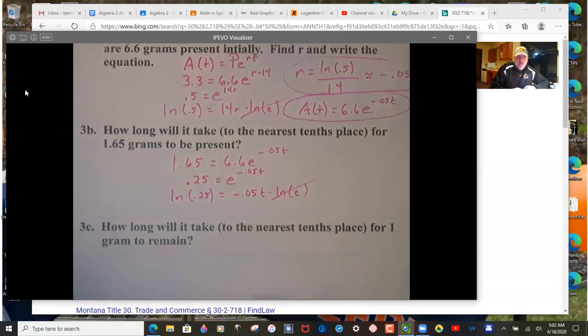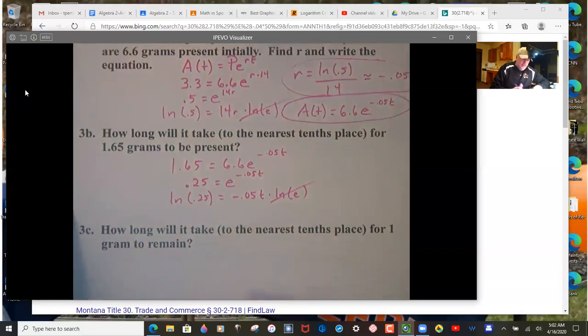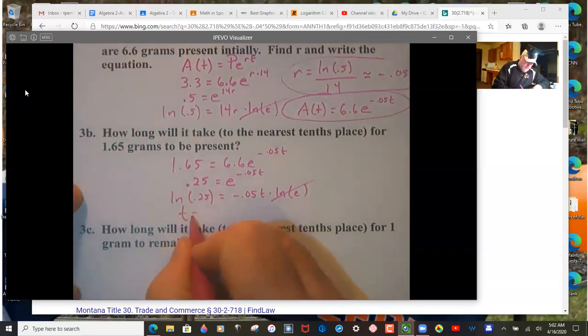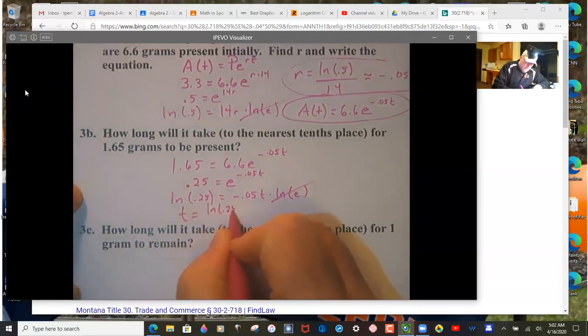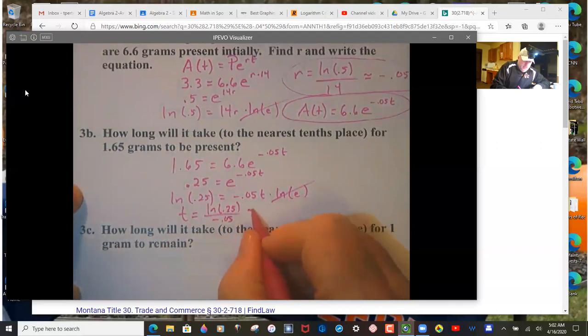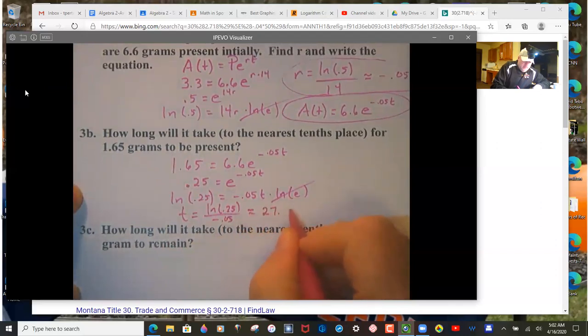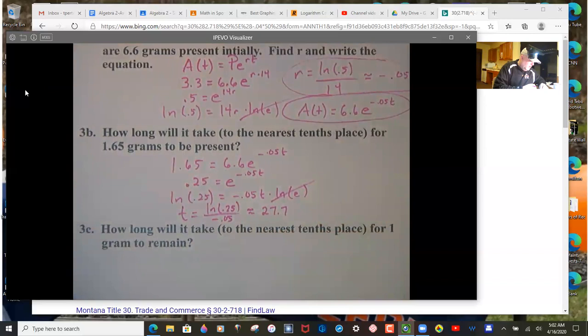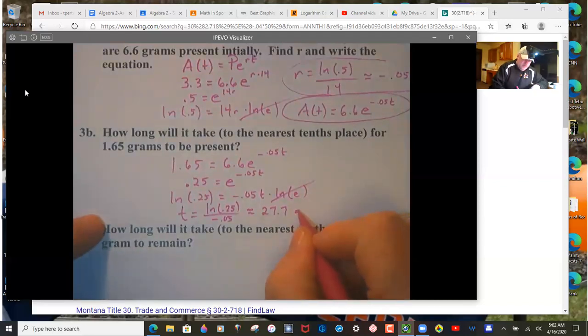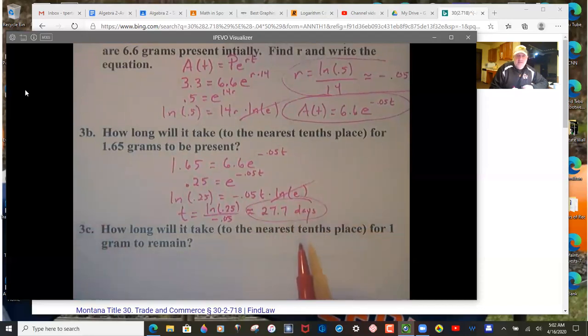That goes away, and now we want to divide both sides by negative 0.05. It should actually be exactly 28. I get 27.7 because of rounding. That's the problem. Now, why did I say 28?